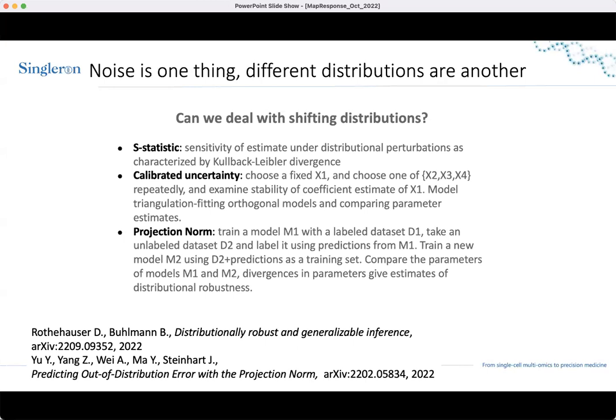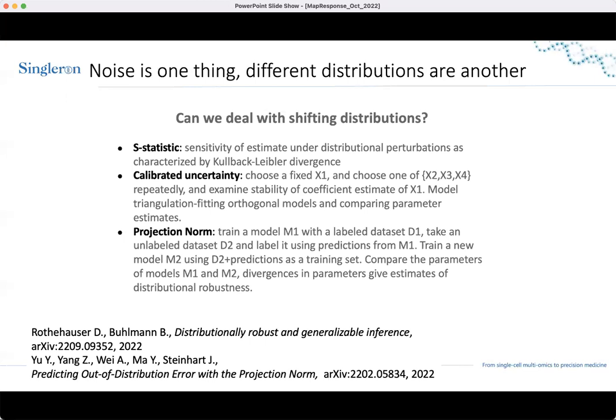We can do a few different things, like perturb the predictors while keeping one constant and see how much shift we get in the coefficient values for that predictor.